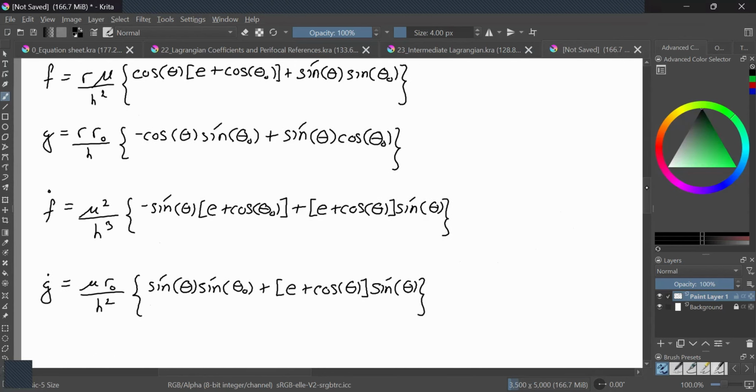And that should leave us with these equations. And these are perfectly fine equations. These are perfectly valid. There's nothing wrong with them. Except that there's just a lot going on here in each one of these. It is possible to simplify it.